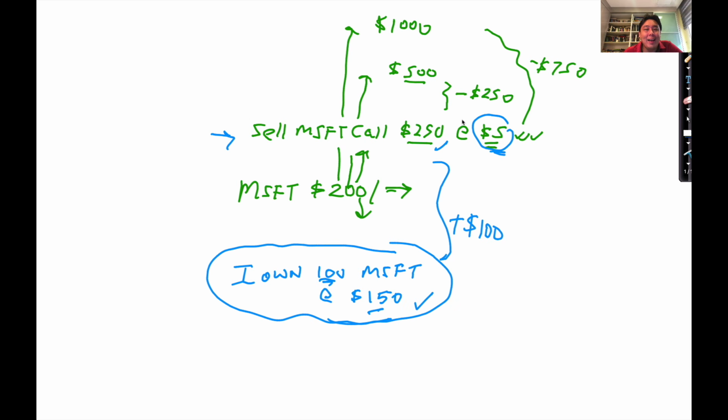Yes, you could. And that is only covered in the advanced option course, Iron Striker. So in Iron Striker, you're going to learn that, yes, you could sell a call and you could hedge this call by buying another call above that call. So in other words, you sell a Microsoft call at $250 and you buy another Microsoft call at say $260.